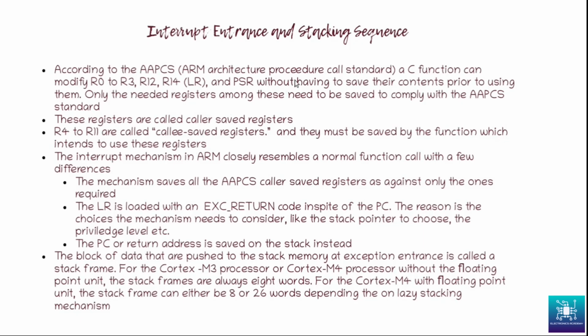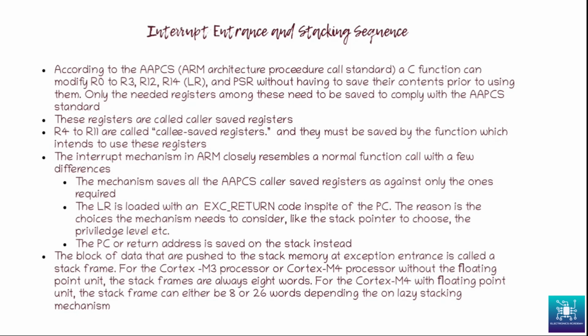Now, these registers are called caller saved registers according to the AAPCS standard. Registers R4 to R11 are called callee saved registers, so they must be saved by the function if the function intends to use them. Suppose I am executing a subroutine from main.